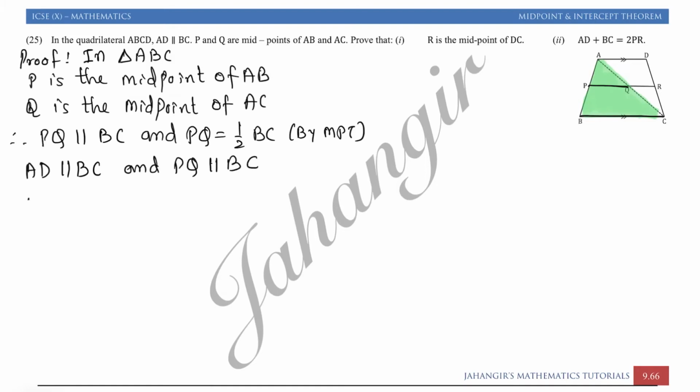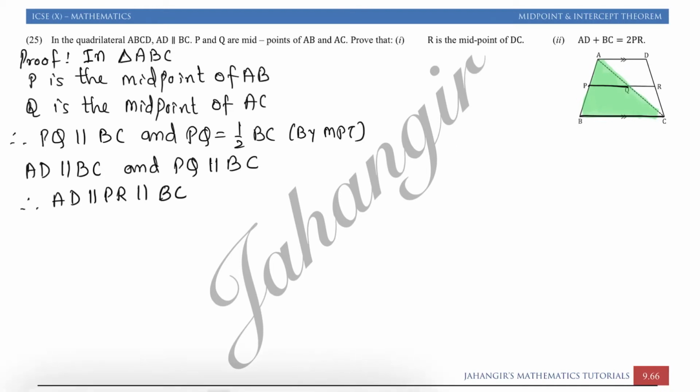So therefore I can say PQ is parallel to, so all three lines we can say it is parallel. So therefore we can say AD parallel to PR parallel to BC. All three line segments are parallel.